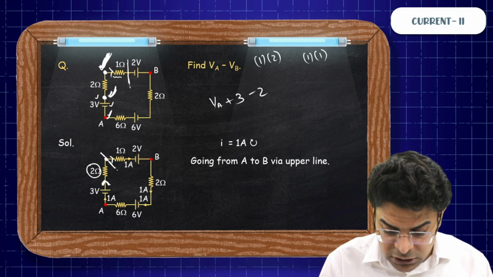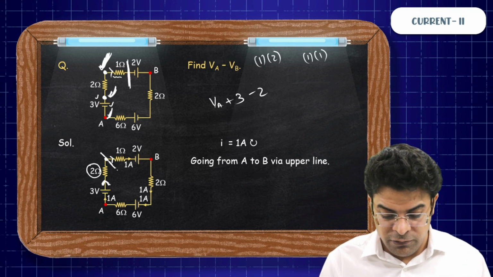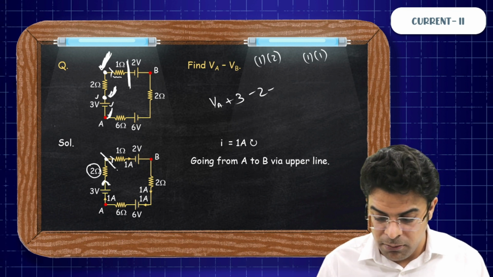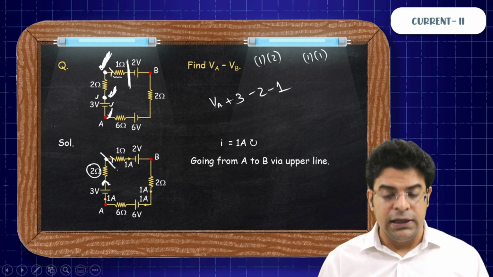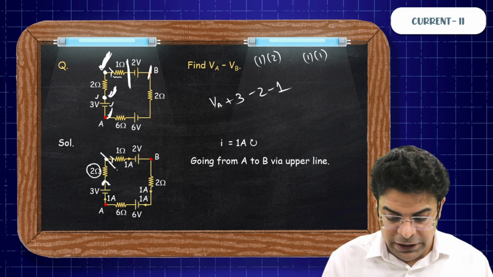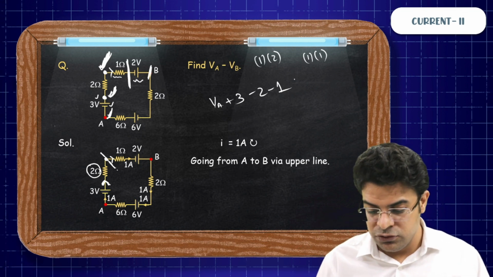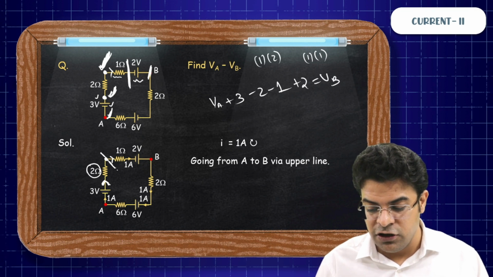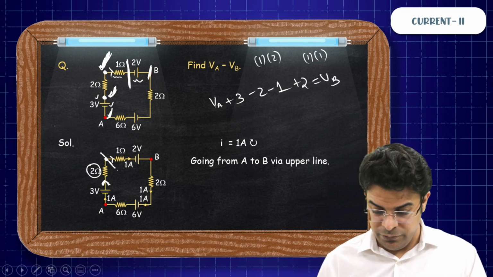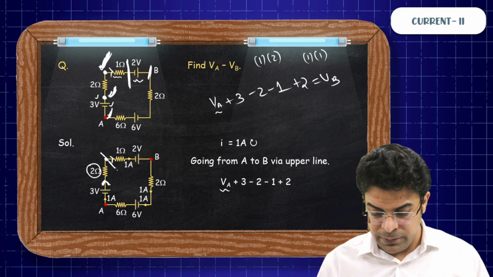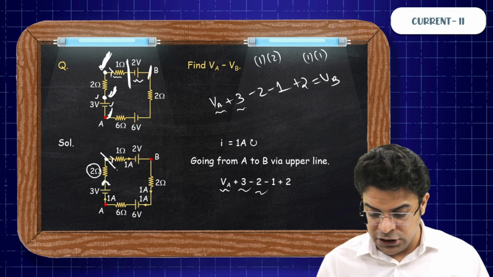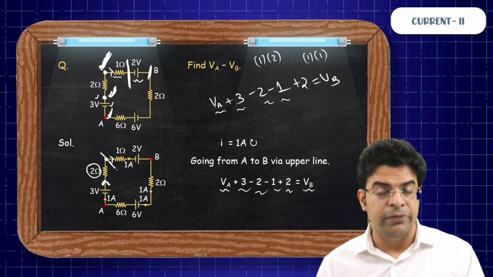So the point on the right will have a potential VA plus 3 minus 2 minus 1. And then jumping from this point to B, because of the battery of 2 volt, the potential will increase by 2. So plus 2, and this has to be the potential of point B. So VA plus 3 minus 2 minus 1 plus 2 equals VB.